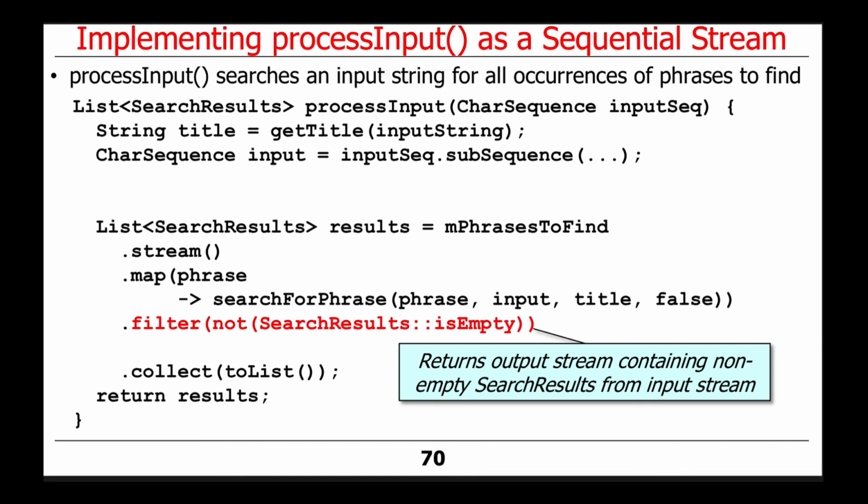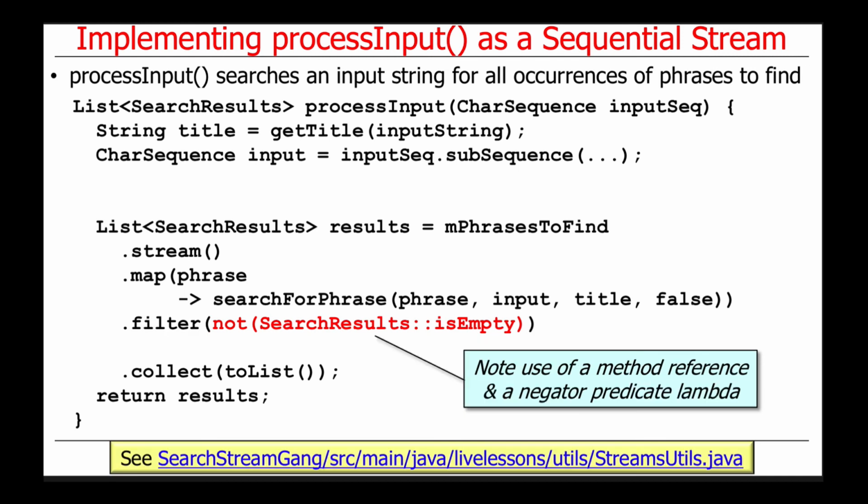The filter method here will go ahead and get rid of anything that's empty. So if it's empty, and we negate that, that means it's not empty. So we let things pass through the filter that are not empty, stuff that's got actual search results. Notice how this implementation uses a method reference and a negator predicate.